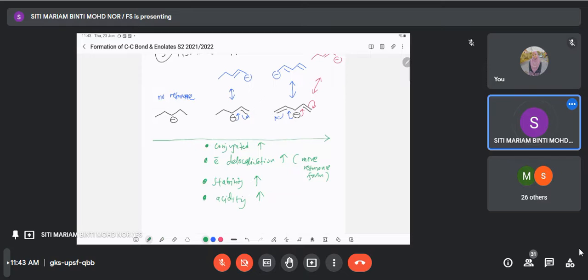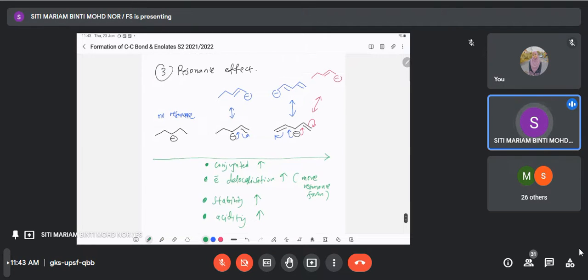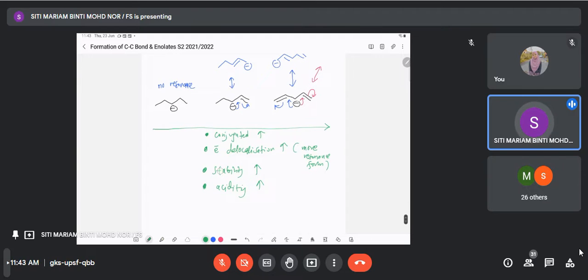Same thing as the other two factors. When I talk about the stability here, it's referring to the stability of your carbanion. When we talk about the acidity, we're referring to the acidity of the proton that is abstracted by the base to form this carbanion.